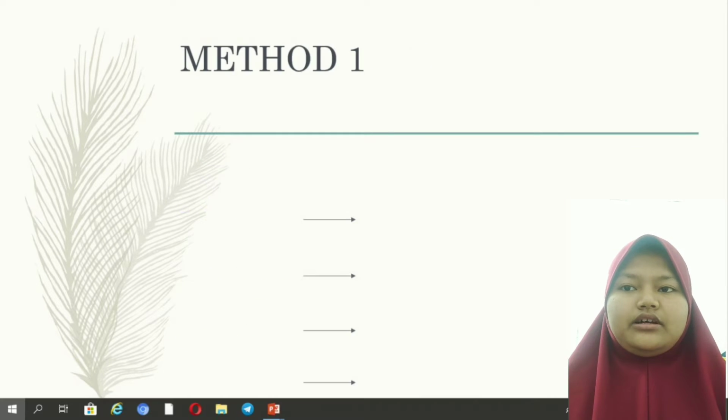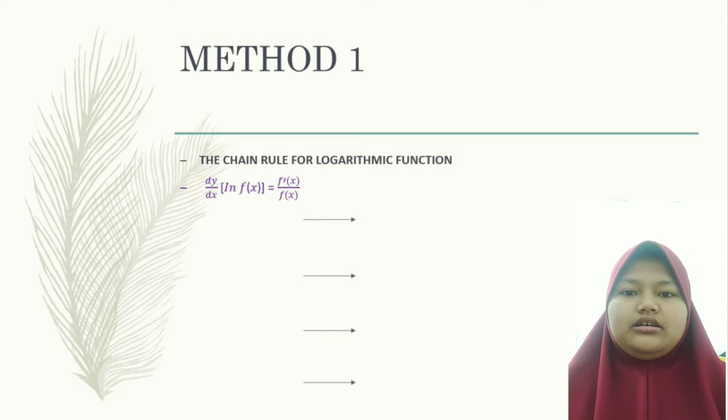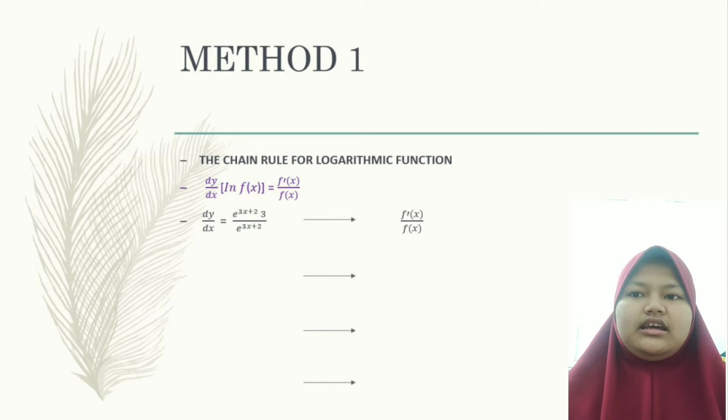For method 1, we use the chain rule for logarithmic function. So the formula is f prime x divide f(x). So f prime x we will get e power of 3x plus 2 times 3, and the denominator f(x) is e power of 3x plus 2.